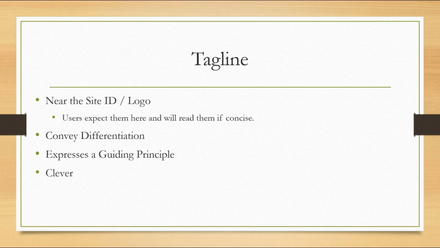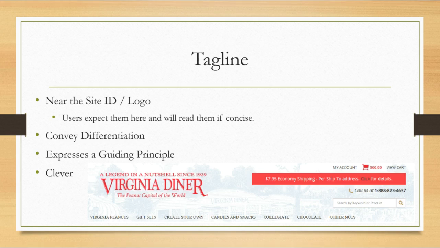And it should be clever. jQuery, if you remember that, has the tagline, write less, do more. I like it. Make it personal, lively if you can. Here's a local example of a Virginia store that sells peanuts, Virginia Diner.